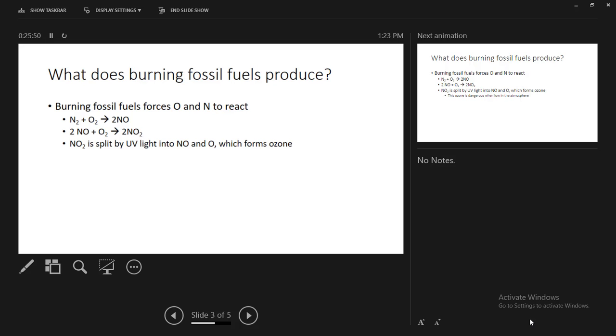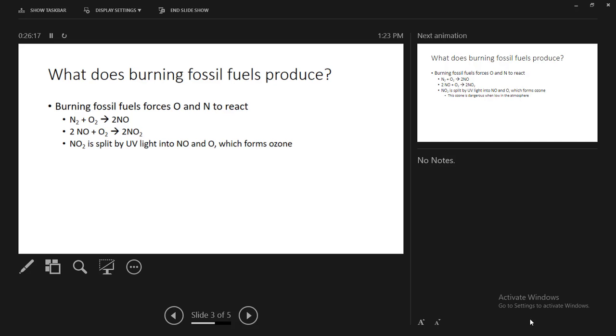Oh, sorry, I need to write on top of this arrow, and you should write on top of this arrow as well, UV light. Which again comes from sunlight. A lot of it got filtered out by the ozone in the upper stretches of the atmosphere, but some of it doesn't, and the amount that penetrates is enough to split this nitrogen dioxide back into something that we know is reactive, and individual oxygen atoms.